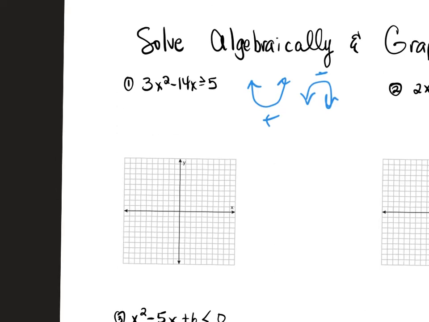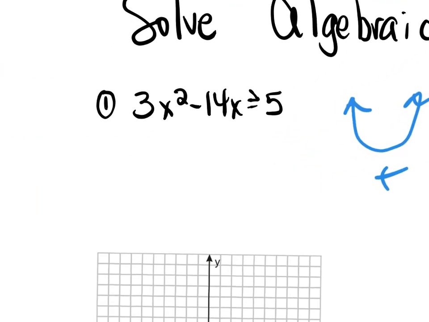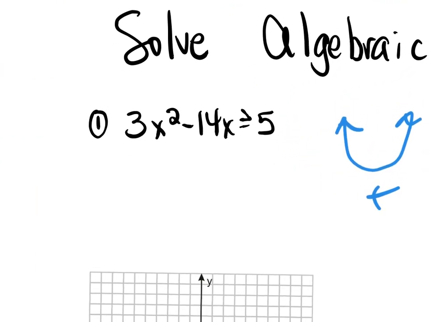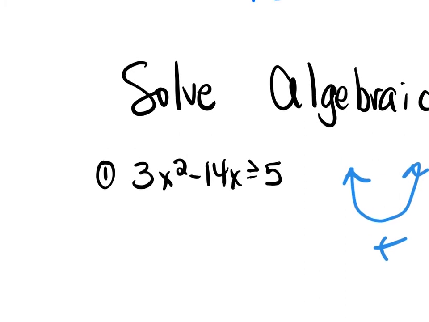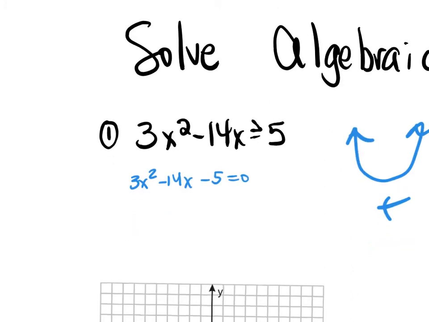Now, when I look at this to solve, what's the first thing I have to do algebraically to find my critical points? I have to subtract 5. I have to move the 5 to the other side. So this is going to become 3x squared minus 14x minus 5 equals 0.